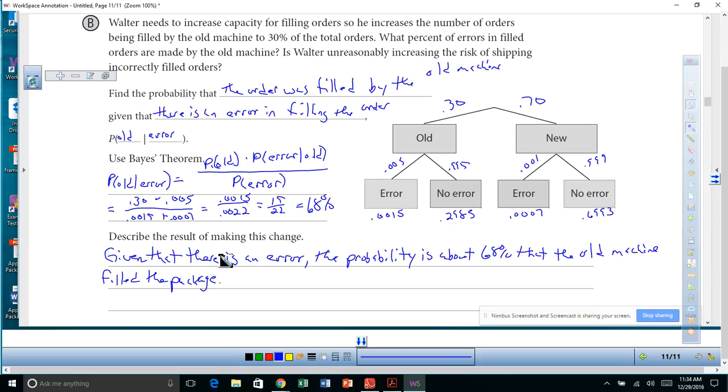All right. Making this change increases the probability of an error from 0.001 plus 0.0008, which is 0.0018.